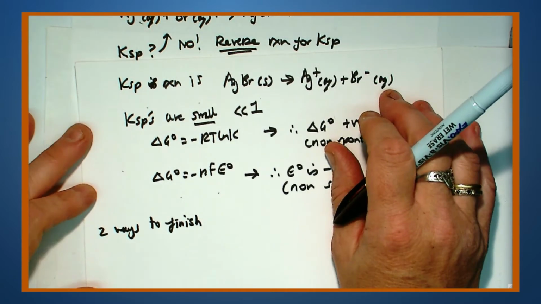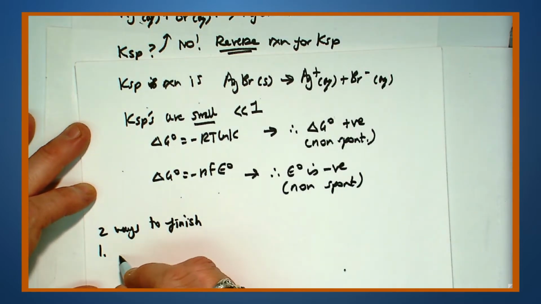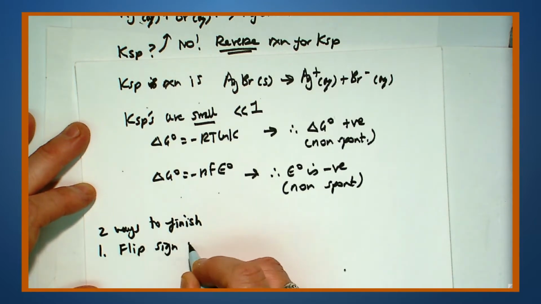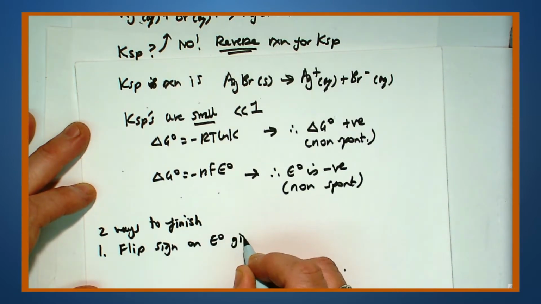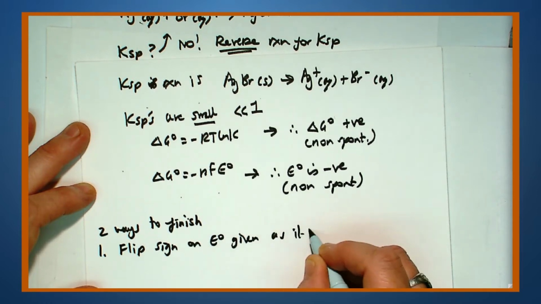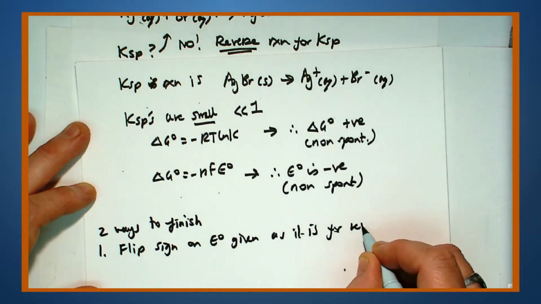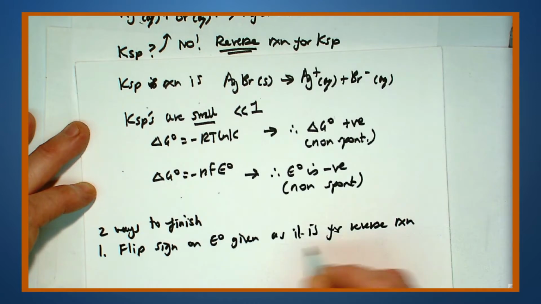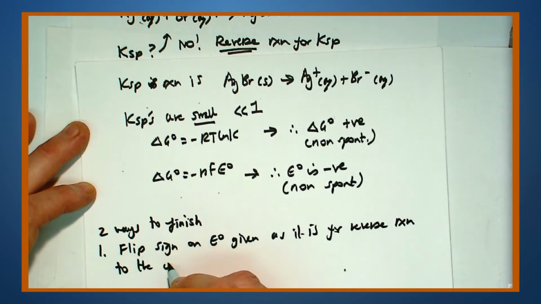So there's two ways to finish. One, what we can do is flip the sign on E0, given as it is for the reverse reaction to the one desired.